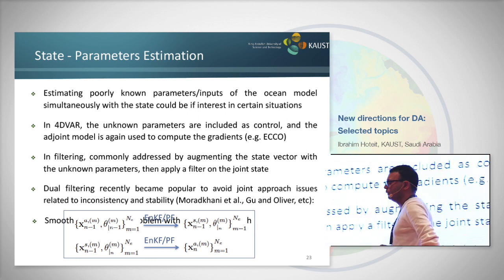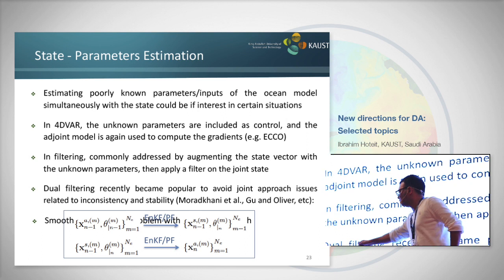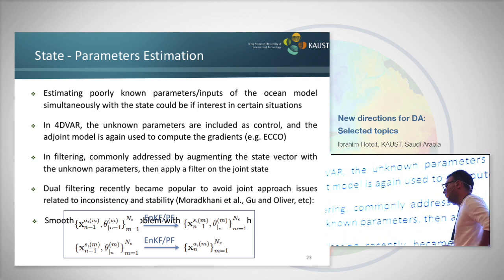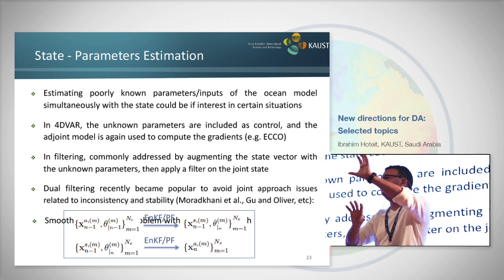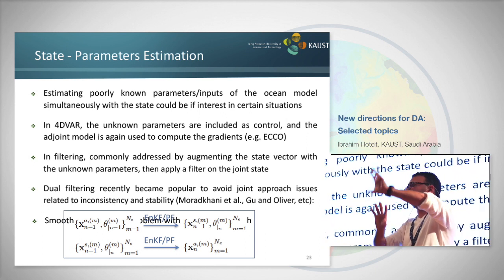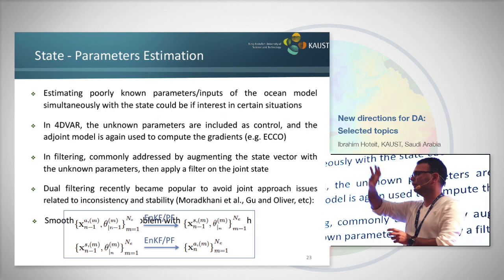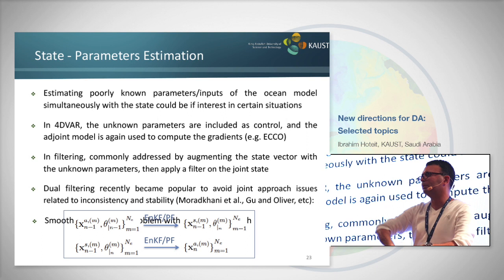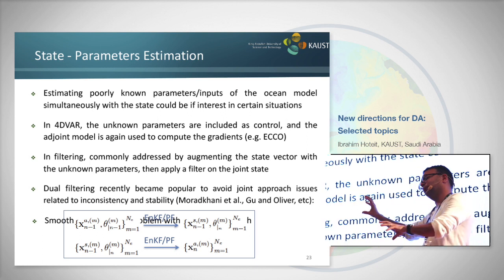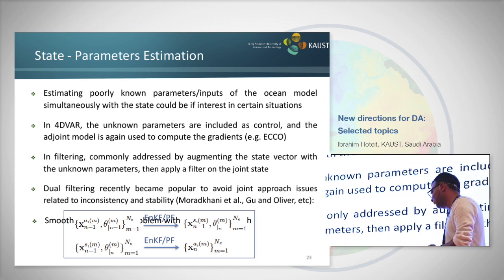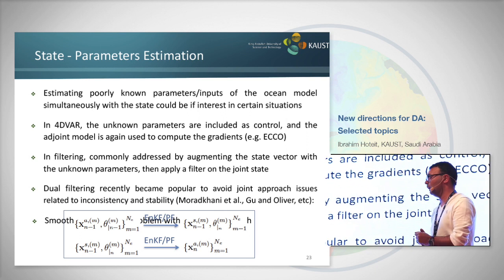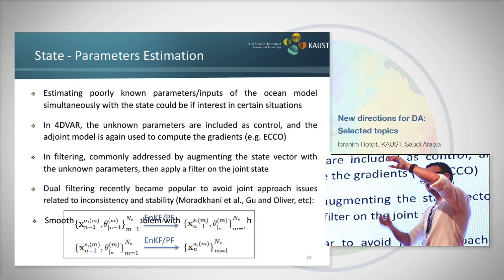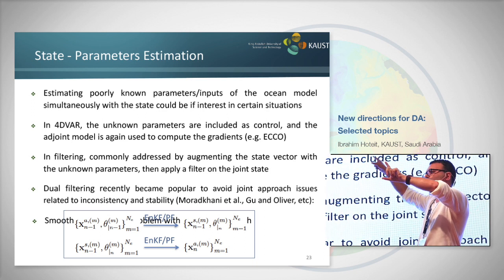So if you go to the literature in the reservoir community and hydrology, the dual, instead of the joint, they developed what they call dual filtering. And the idea is to run two filters at the same time, one for parameters, one for the state, to separate them. So they run first the parameters, they estimate the parameters first, and they use these parameters to forecast the state, and then they update the state again. And they say this helps a lot for a problem related to inconsistency, because when you put them together, the parameter is affecting the state in the future, not now.